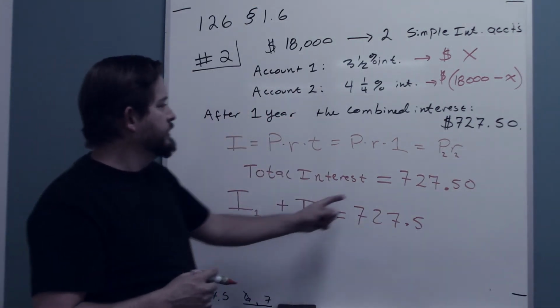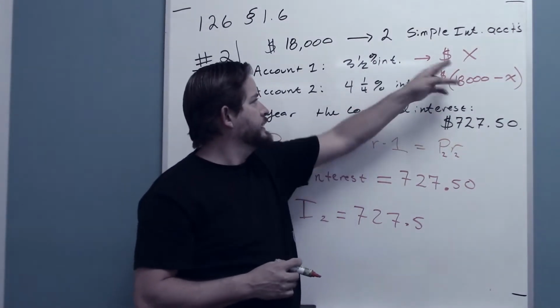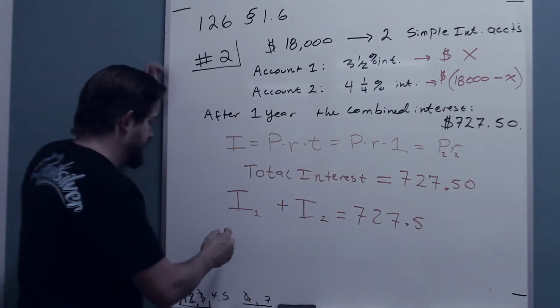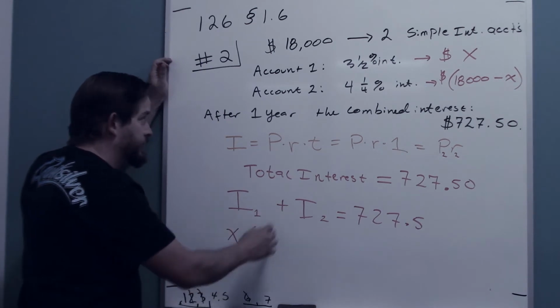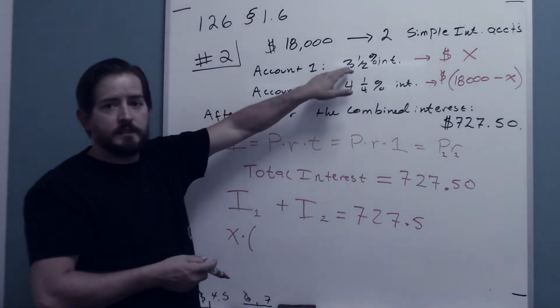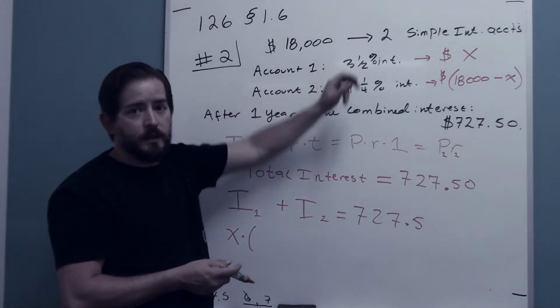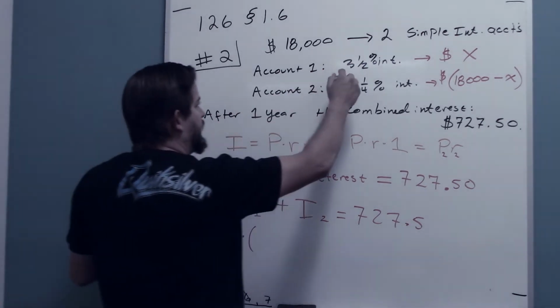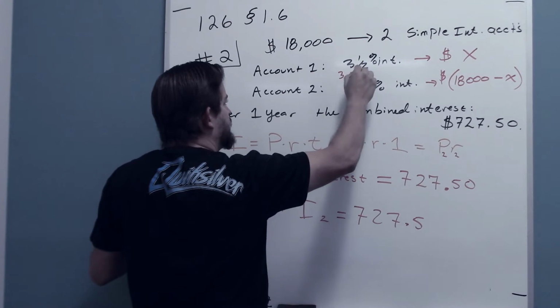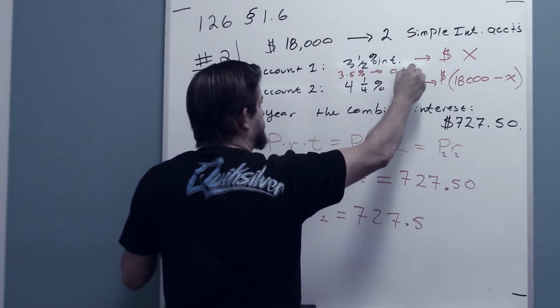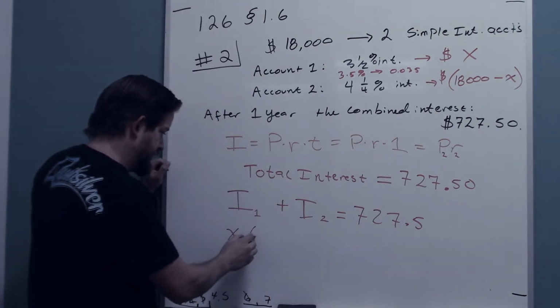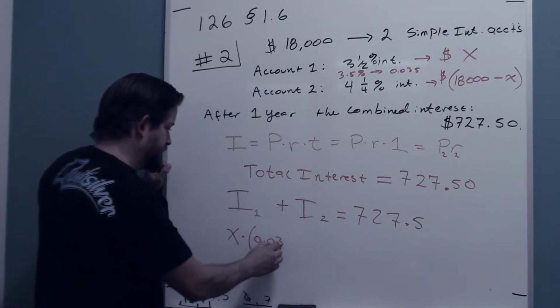And so the principal from account 1 is X, that's how much was put in there, multiplied by the rate, which is 3.5, which is 0.035, right? 3.5 is a percent, and if I write that as a decimal, that's 0.035. So times 0.035.